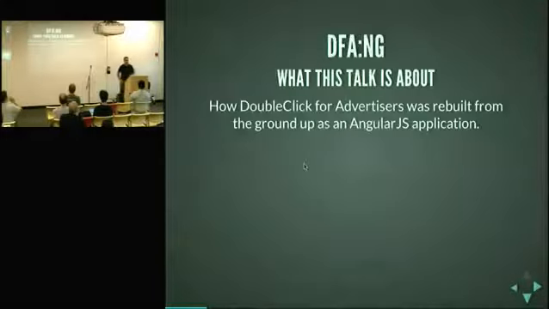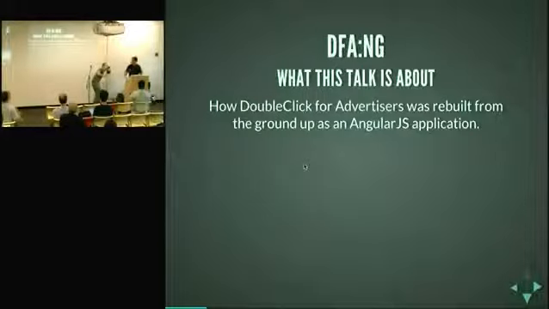So what does this talk about? In 2008, Google acquired DoubleClick, and it inherited a lot of tools and products and platforms that were done in a very different technology than what you normally see at Google.